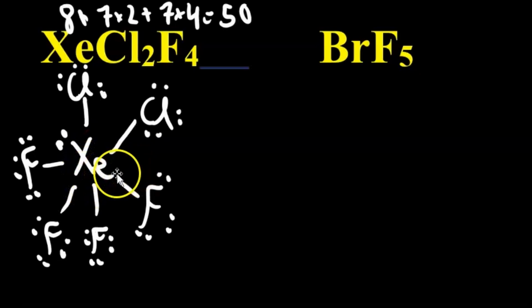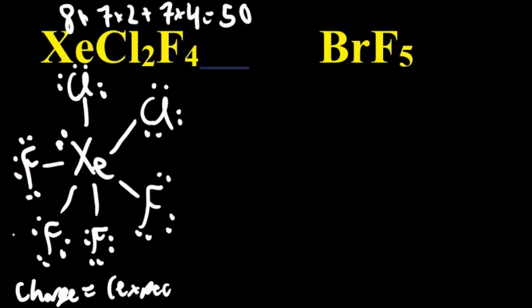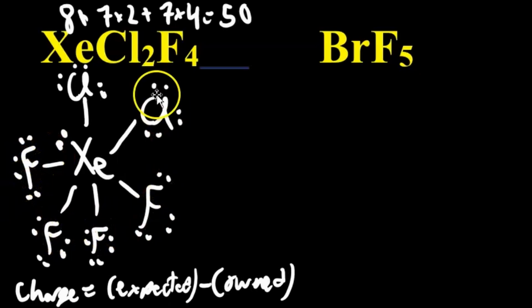Now, we need to calculate the charges, and the charge is the expected minus the owned, right? Charge on the atom equals the expected number of electrons minus the owned number of electrons. Each of these outer atoms expects to have 7 electrons, based on our periodic table.